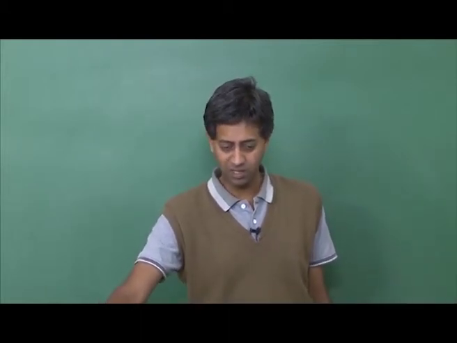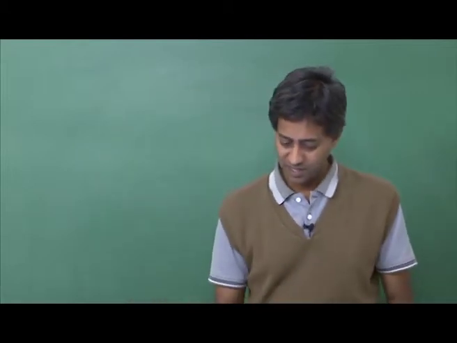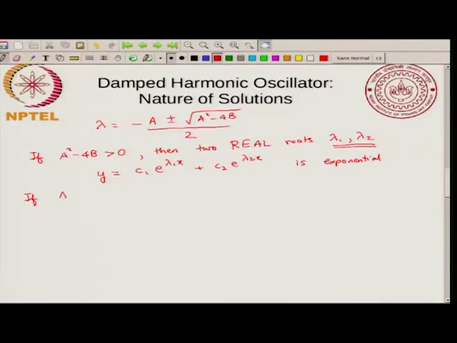Now if a square minus 4b is less than 0, then we have two complex roots. I will call the two roots lambda 1 equal to lambda real plus i times lambda imaginary, where lambda I is the imaginary part, the second part of this solution.